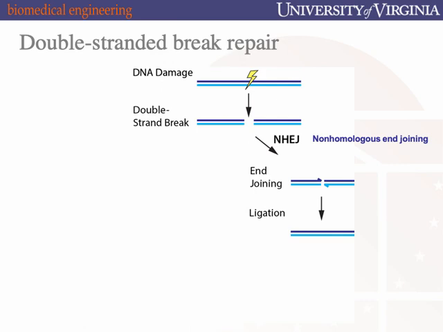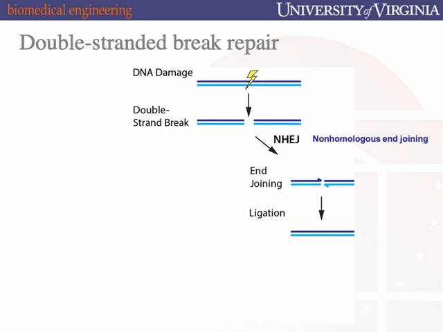That creates a trigger for a class of proteins, which I'll spare you the details of, but there are end-recognizing proteins that bind and accumulate and assemble on those free ends to protect them and to try to repair them in such a way that the two free ends can be compatible with one another to paste back together via a ligation event.